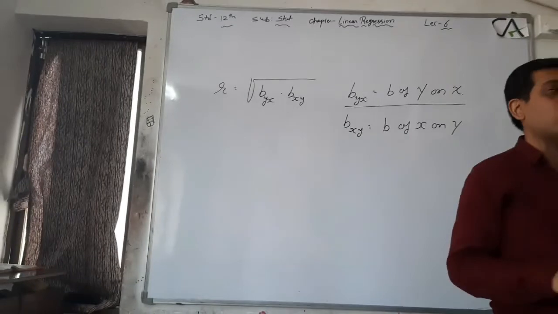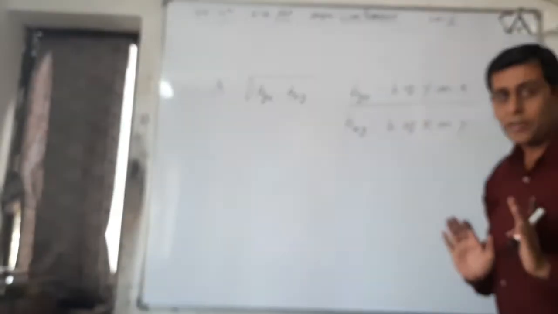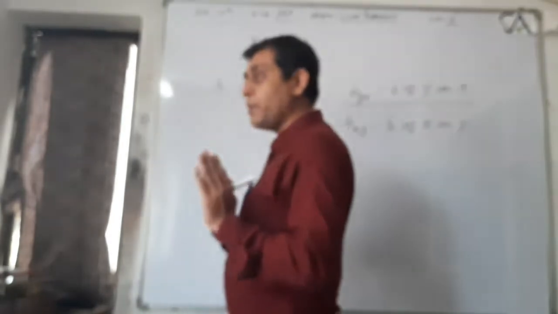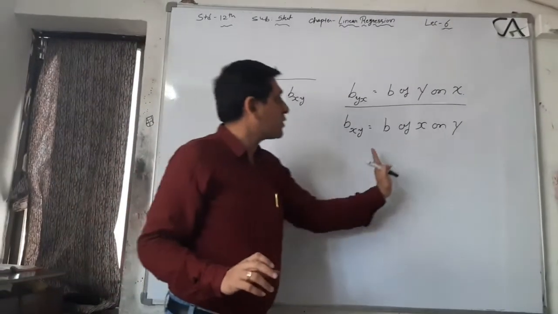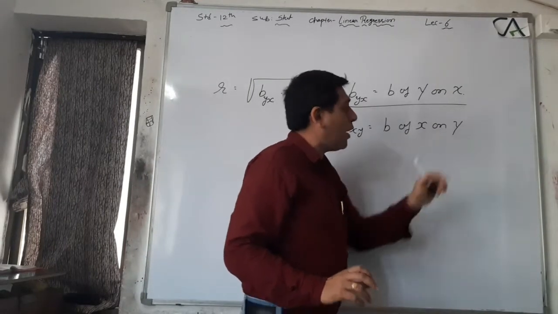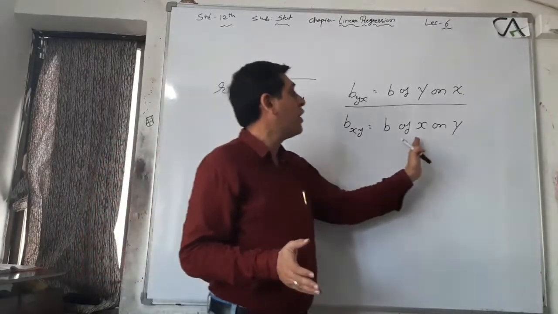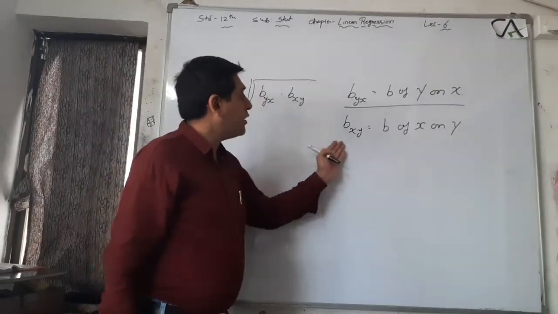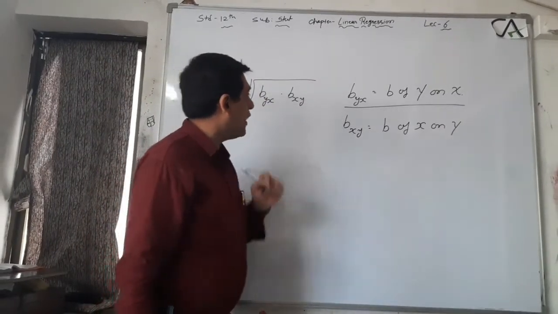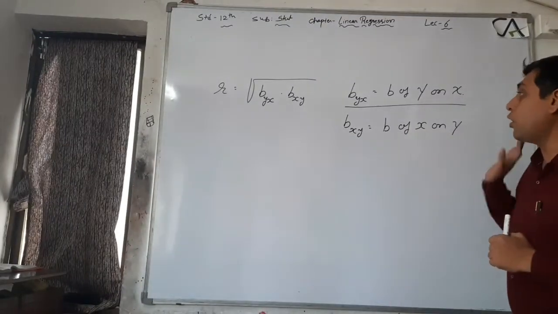That is, you have to find the regression line of Y on X only. That is only in your syllabus. But there is the second part of the coin, that is the regression line of X on Y, as well as the regression line of Y on X. And this is related as Bxy, B of X on Y.